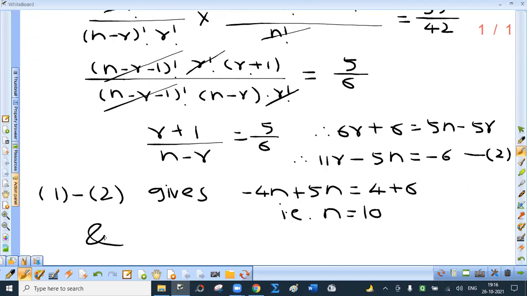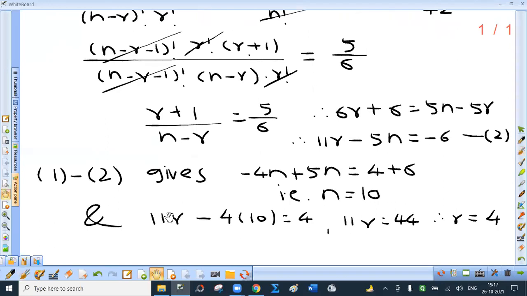And then I'll put this in 1. So 11r minus 4 into 10 equal to 4. So 11r is 44. So what is r? r is nothing but 4. So you have to write the answer separately. n equal to 10, r equal to 4. So that's it for today.